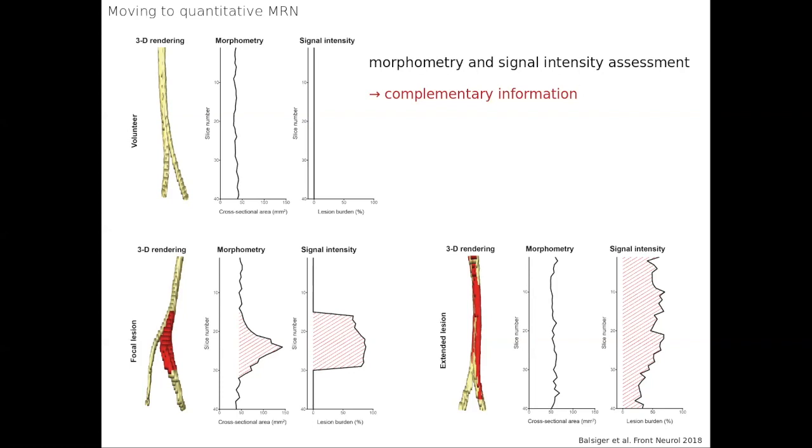However, you can also have some peripheral nerve lesions where you don't have any changes in the morphometry along the proximal distal axis, but you can have signal intensity changes along the nerve. So also these aspects can be assessed quantitatively using corresponding post-processing methods.